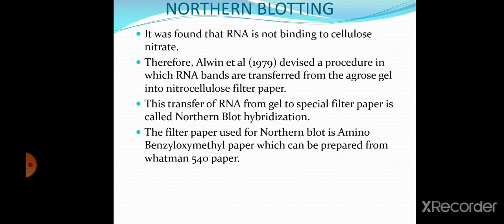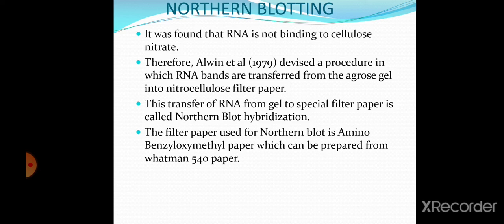So, previously it was found that RNA does not bind to cellulose nitrate, and for that purpose, Alwine et al. devised a procedure. This transfer of RNA from gel to special filter paper is called northern blot hybridization.